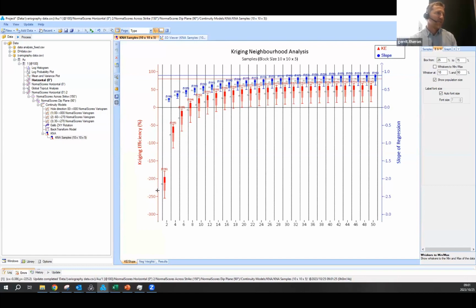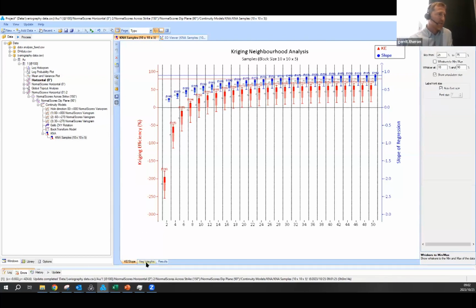And although these kriging efficiencies and slope of regressions are low, we also don't want to end up with too many blocks that aren't estimated because of a lack of samples. Okay, so we would rather just give those blocks a lower resource category, maybe, than not having them estimated.